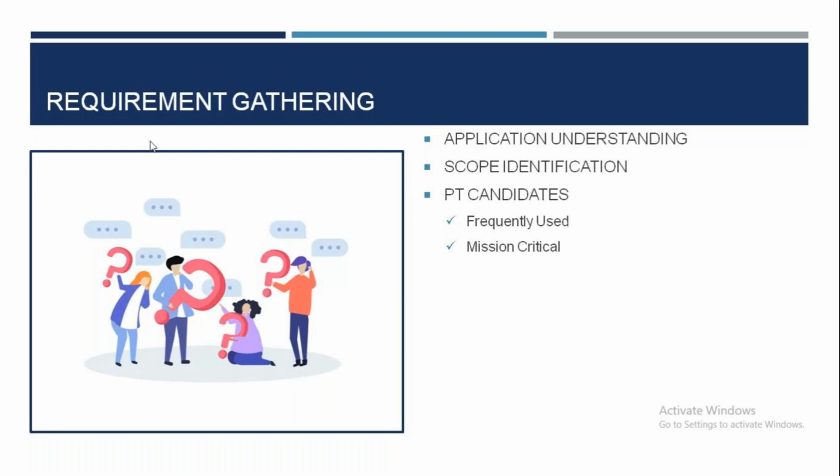Next, mission critical. The scenarios which are critical for the business function. Business function means whatever is the main objective of that application. In an e-commerce application, it means products, booking or placing orders of products, and cancelling the orders, right?